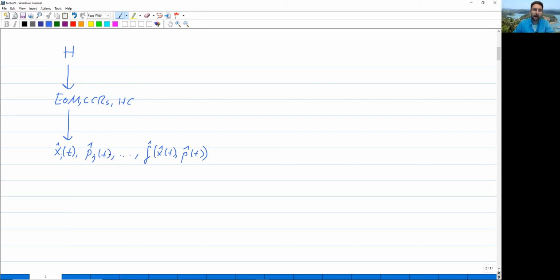And then we found that if we introduce an initial state vector psi, then we can calculate predictions x bar I of t, which are number valued, including for the f bar of t.